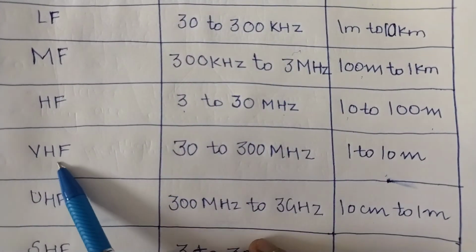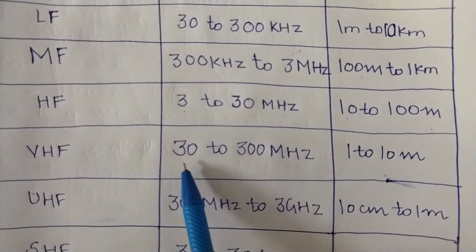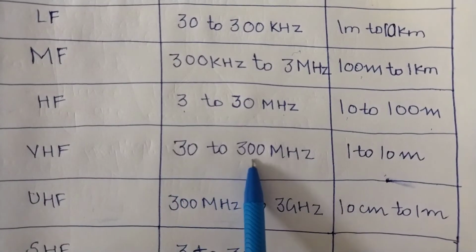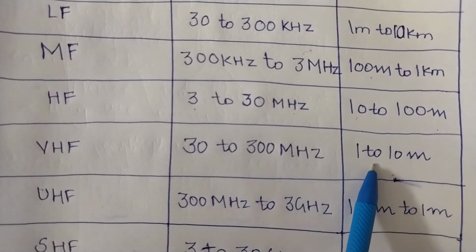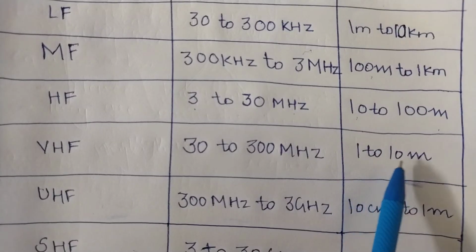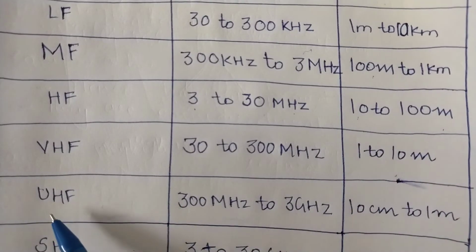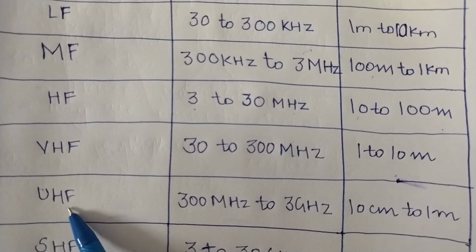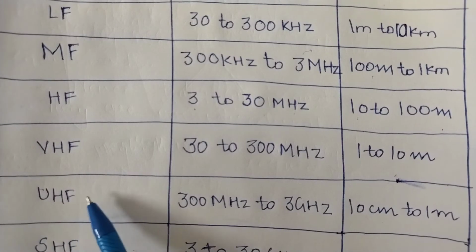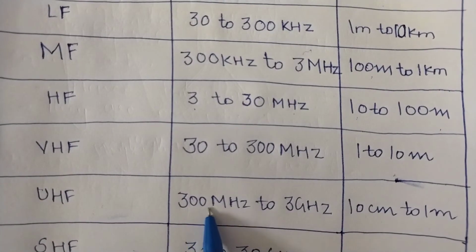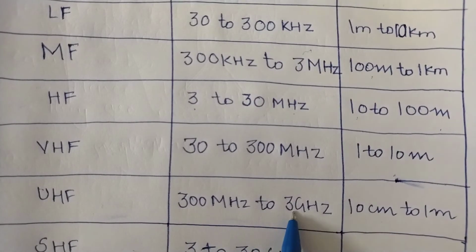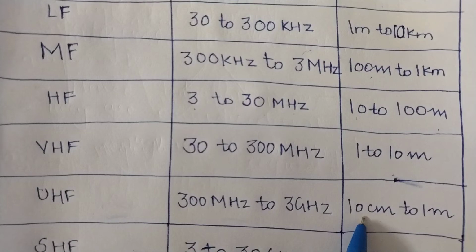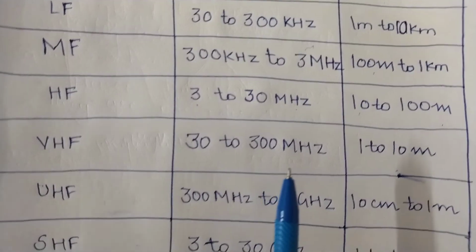At very high frequencies, that is VHF, the frequency range is from 30 to 300 megahertz and the wavelength is from 1 to 10 meters. At ultra high frequencies, they have a frequency band of 300 megahertz to 3 gigahertz and the wavelength is from 10 centimeters to 1 meter.